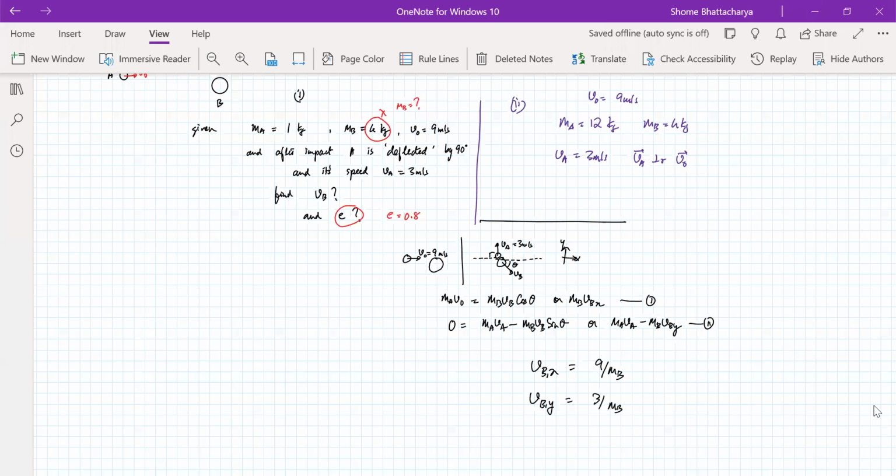So these are the components of B's velocity that I'm getting. Now, what will be the coefficient of restitution formula over here? So you can see that this angle theta will be tan inverse of Y component divided by X component. That will be tan inverse of 1 by 3.